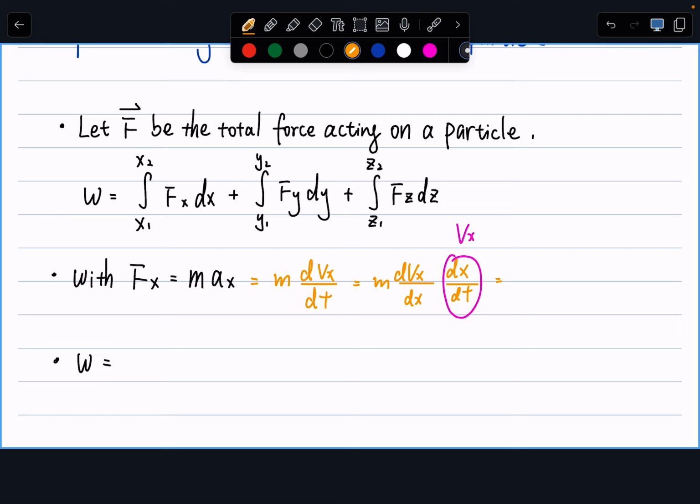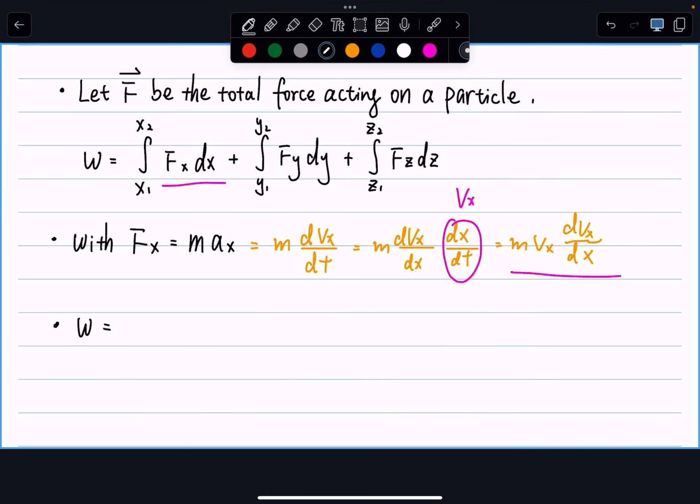So we can further simplify Fx to be m vx dvx over dx. Then we plug this m vx dvx over dx back into the original equation, and we end up getting the work equals the integral from vx1 to vx2 of m vx dvx, since dx and dx cancel out with each other. The same applies to the other directions.